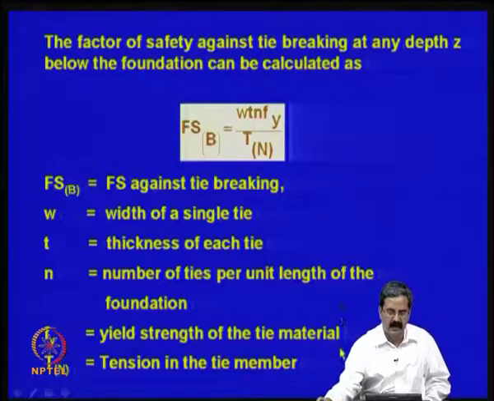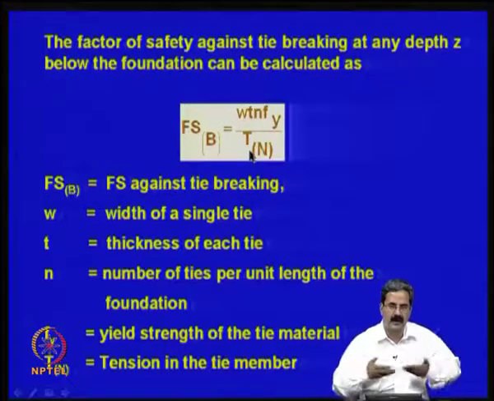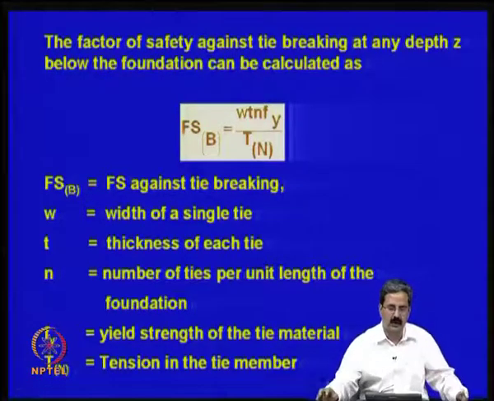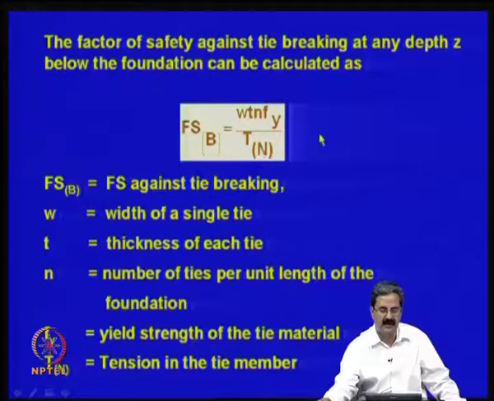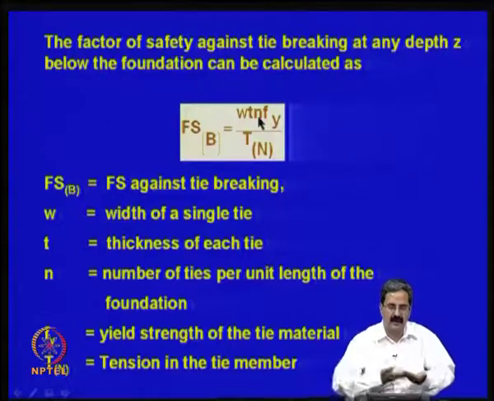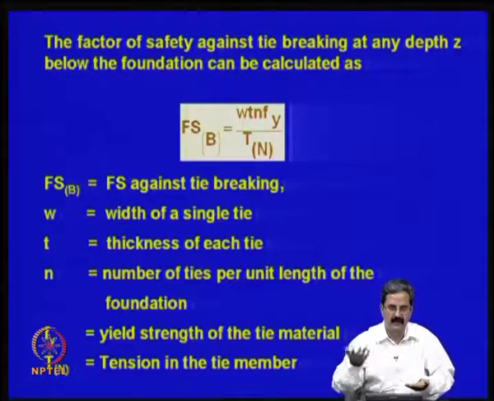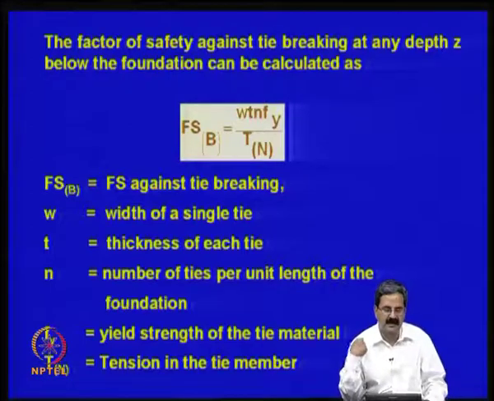Anything is possible here, and WT, all these numbers are there. The moment you have placed some material inside, you know the spacing, and using that expression that I mentioned earlier, one can calculate, and if the factor of safety is satisfactory, it is fine. You can take the width and area of cross section of the member and calculate the number of members. Or if you are putting a thin sheet, you express it in terms of the meter length.